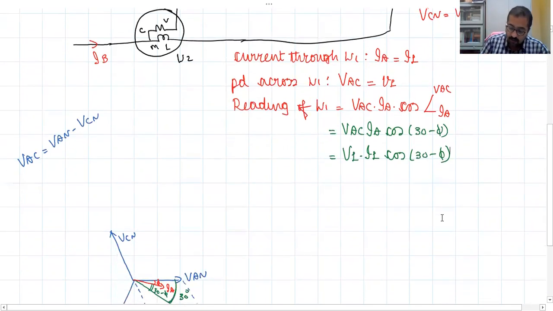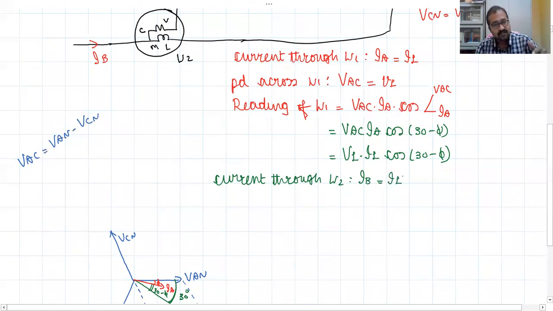Now, coming to wattmeter 2. What is the current through wattmeter 2? It is IB. I can write it as IL, the line current magnitude. Keep in mind, in a star connection, line current and phase currents are same. Similarly, what will be the potential difference across wattmeter 2?